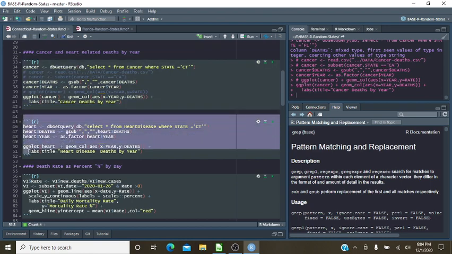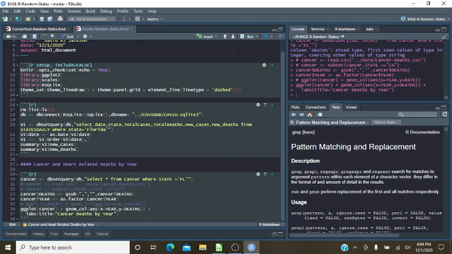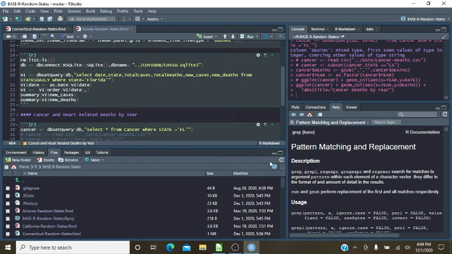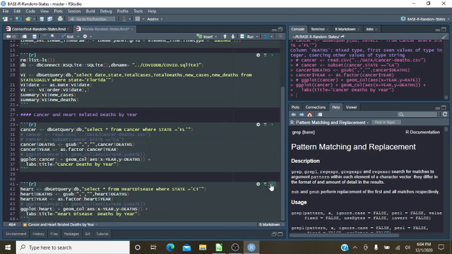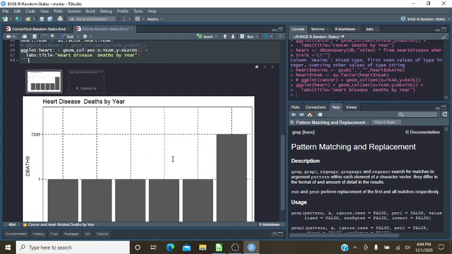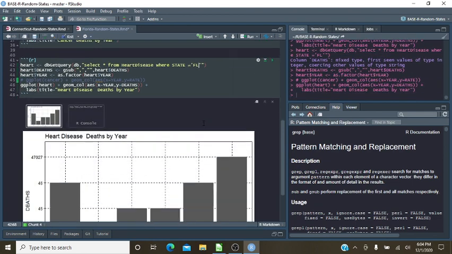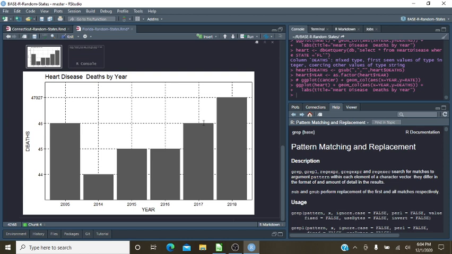Let's take a look at heart disease related deaths. Interesting. Wait, I didn't change this again, did I? Okay, 2018, it had over 47,000 heart disease related deaths.